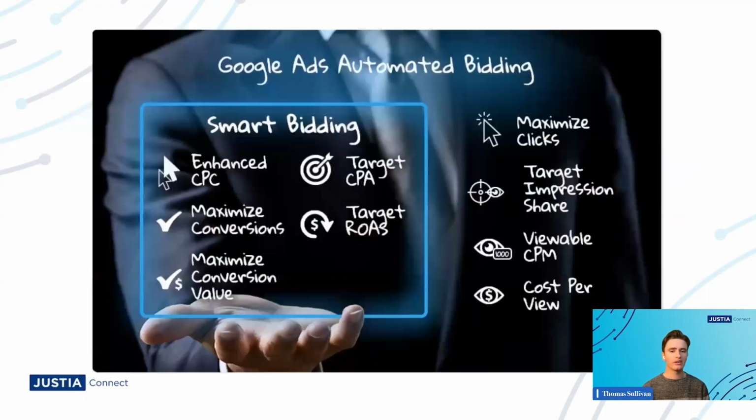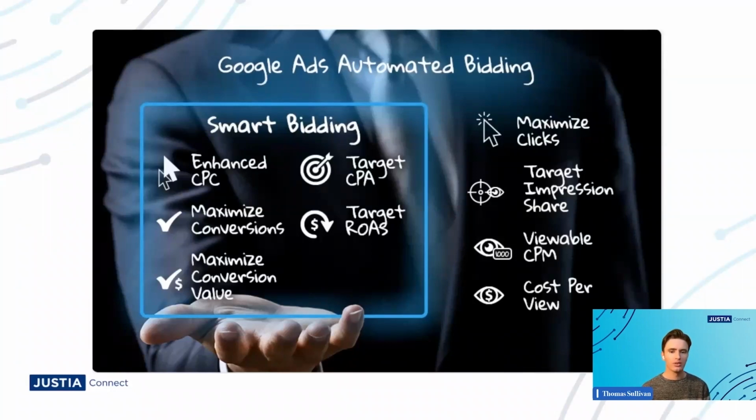And this is sort of where the automated bidding strategies come into play. Now, there's 9 of these bidding strategies, 5 of which are considered smart bidding. So what do we mean when we say smart bidding? We're referring to these automated strategies that use advanced machine learning, and it's going to help to optimize your campaign performance for a particular goal.